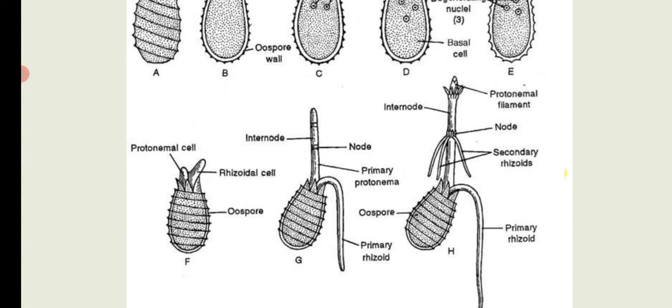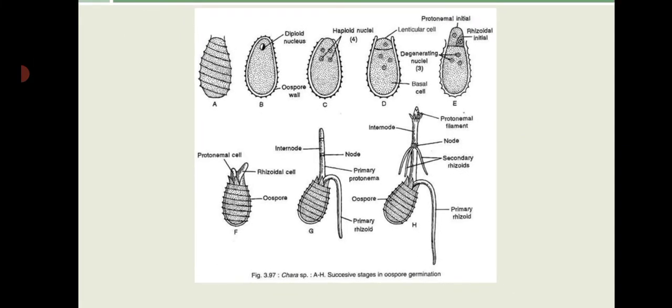It behaves as a protonemal cell. डिवीजन होता है, राइजोडल सेल बनती है, and the axis starts coming out. It results in formation of the axis, और उस axis के ऊपर हमें nodes, internodes, rhizoids और इस तरह के structures का development देखने को मिलता है.